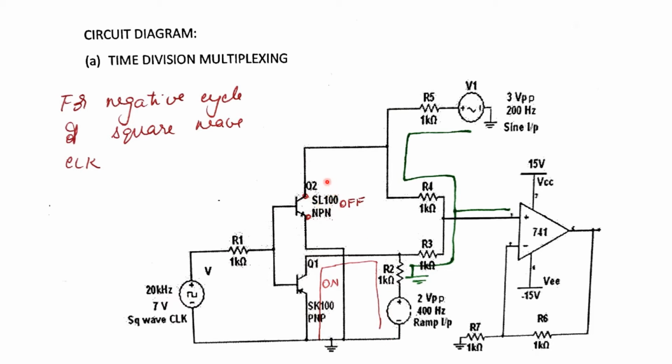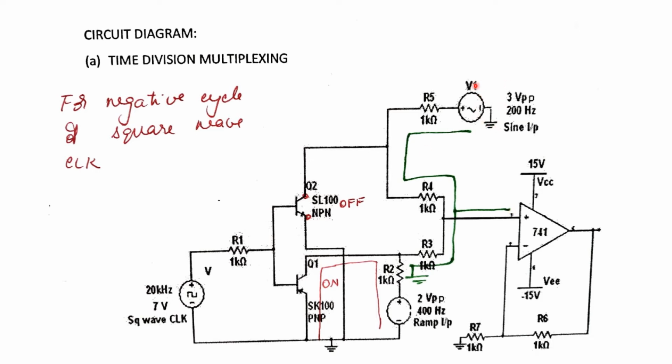Since the NPN transistor SL100 is off, it acts as an open circuit, so there is no connection over here. So the sine signal, 3 volts peak to peak, 200 Hertz, will flow through terminal 3, that is, the sine signal will be given to the non-inverting terminal of the op-amp.